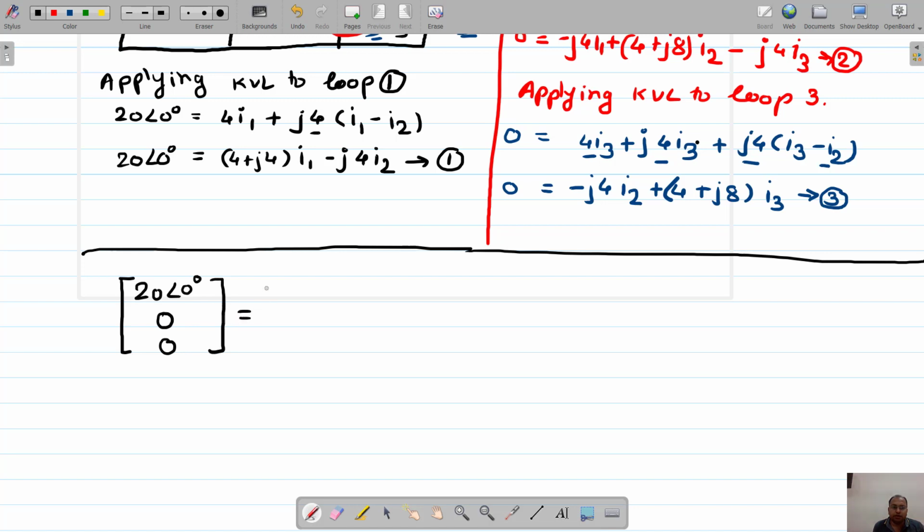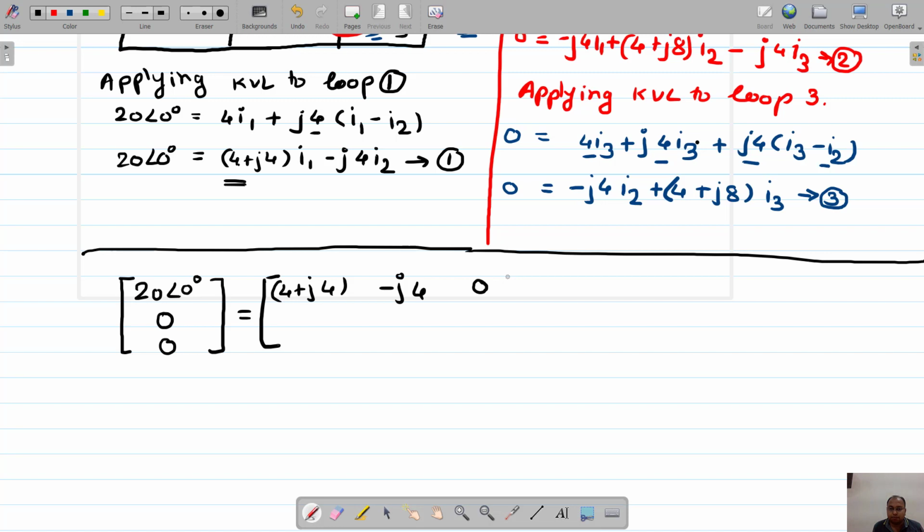Now focus on the first equation. In this first equation, the I1 term is 4 plus J4. What is the I2 term? The I2 term is minus J4. Is there any I3 term? In this first equation there is no I3 term, so we write it as 0.